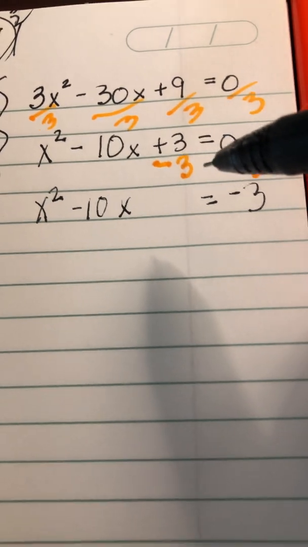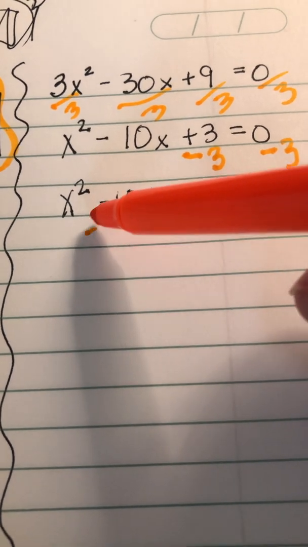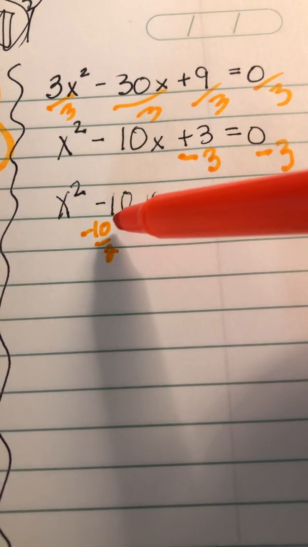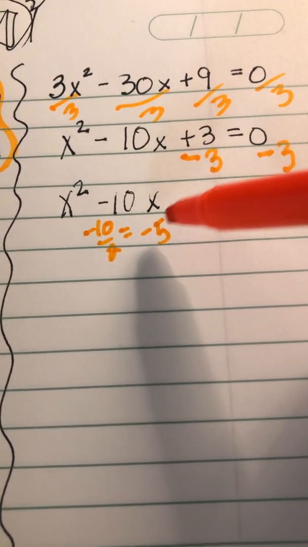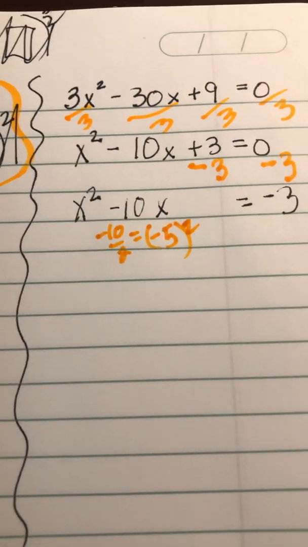Okay, so now I'm going to do half of the middle term. Negative 10 divided by 2 equals negative 5, half of the middle term, and you're going to square it. That was step 3 of our process.